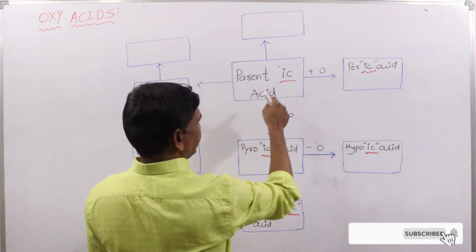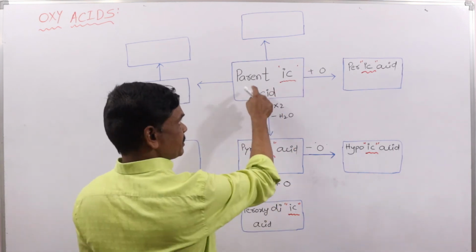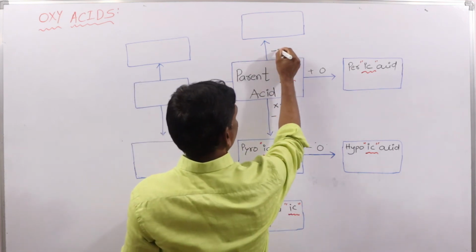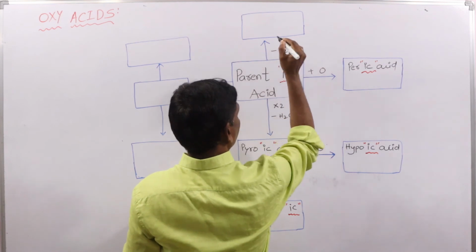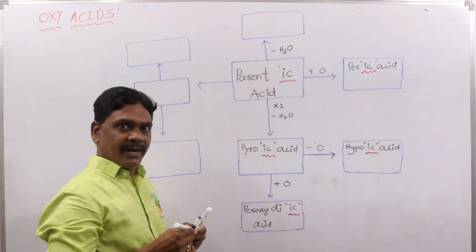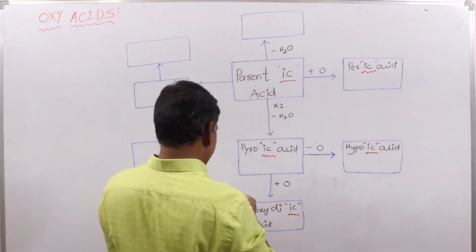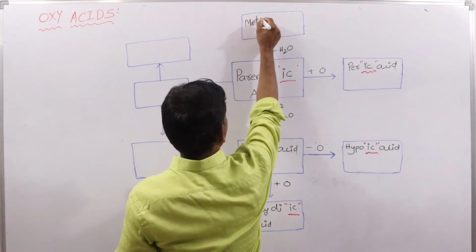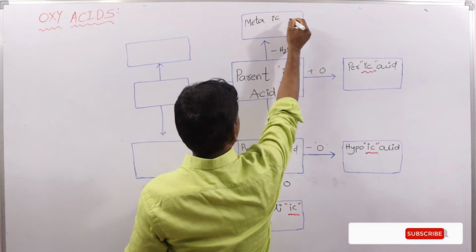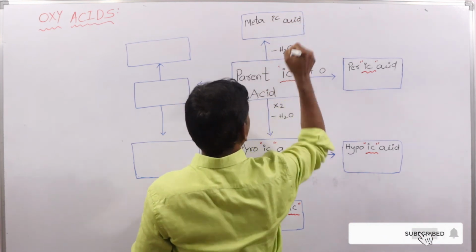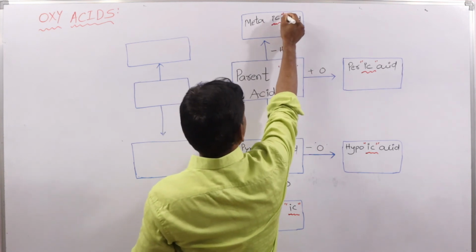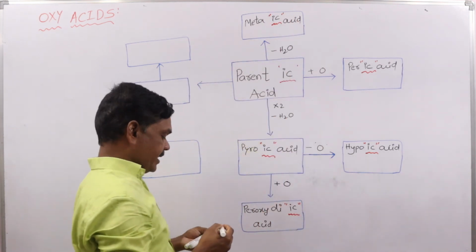From this parent -ic acid, removal of one water molecule gives meta -ic acid. It is also an -ic form, meta -ic acid.